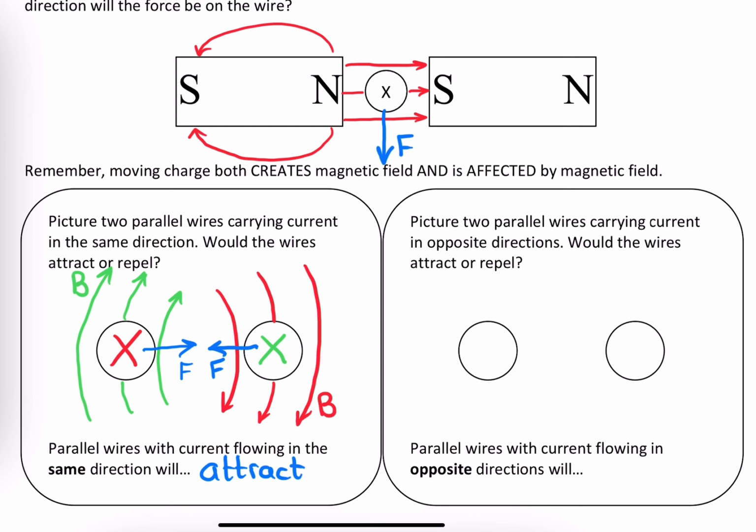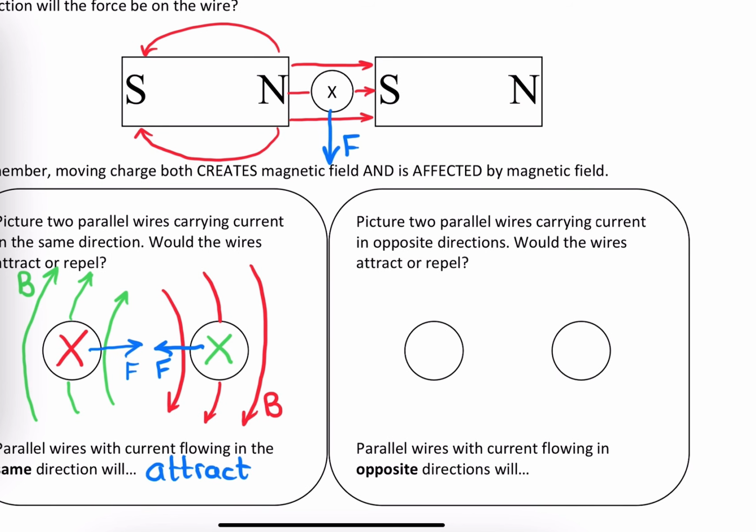Now, how about if I have two wires carrying current in opposite directions? A good guess might be that they're going to repel, since that's sort of the opposite behavior. But let's just double check. So I'm going to make this first wire have current going into the page, like we had last time.